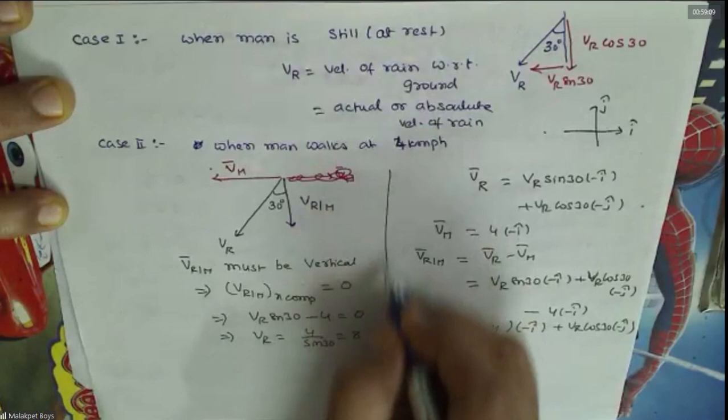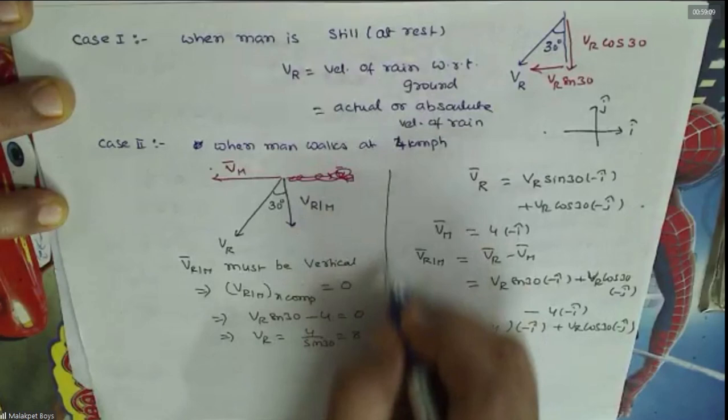Okay. Now you can see rain velocity cannot change. What is the rain velocity? This is VR sine 30 minus i cap plus VR cos 30 minus j cap.